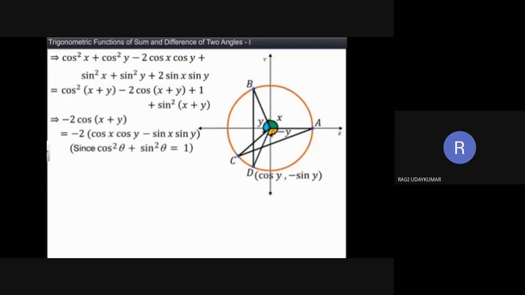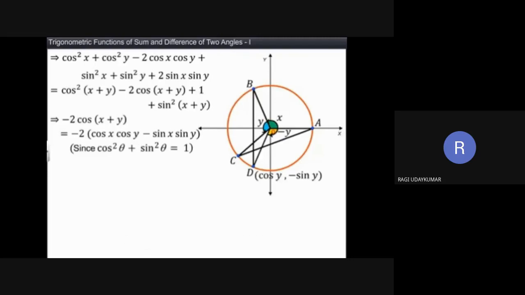So minus 2 cos(x plus y) is nothing but minus 2 of (cos x cos y minus sin x sin y), because whenever you expand this, you are going to get sin square x plus cos square x equal to 1, sin square y plus cos square y equal to 1, so you get 2, and here cos square(x plus y) plus sin square(x plus y) is also equal to 1, and here 1 is there.